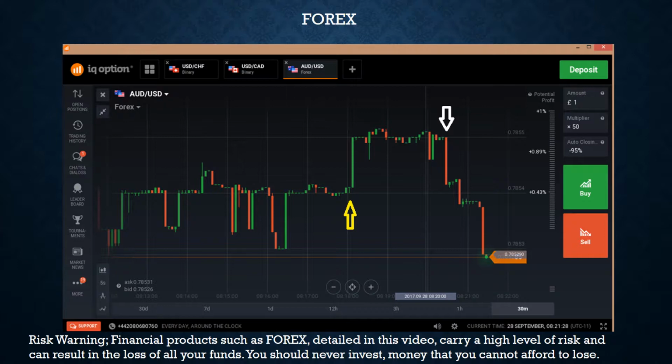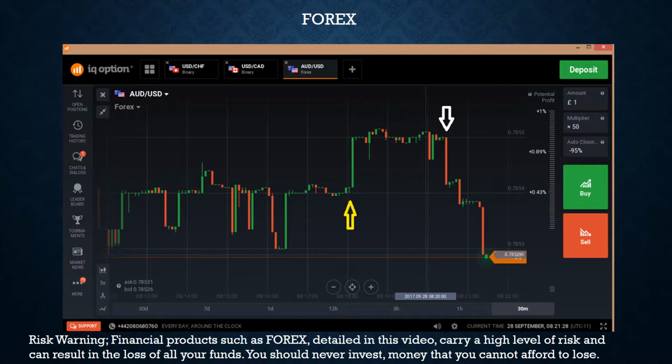So if we look at the yellow arrow, if we bought it at the yellow arrow, we saw it greatly appreciated. And if we'd used a call option at this point, we'd be in the money because we'd called it when the price was circa $0.7854 for one Australian dollar, and the price would appreciate to roughly $0.7855, which would be reflected in our profit margin.